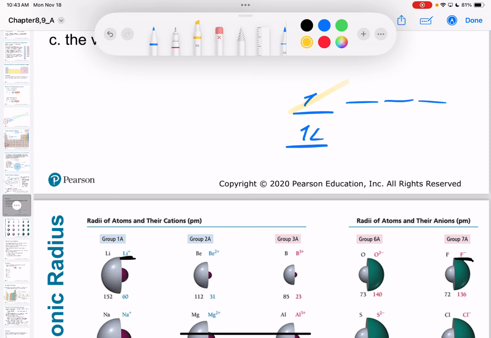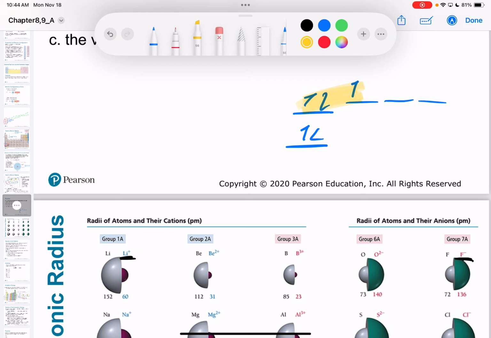The same thing is true if you're talking about magnesium or aluminum. So let's look at boron. Boron looks like this. It loses 3 electrons, because that outer shell has 3 electrons that are relatively high in energy. Why are they high in energy? Because it's a bigger atom.